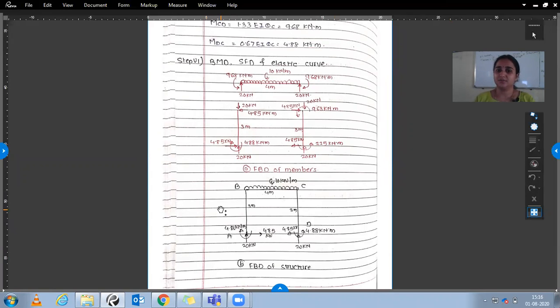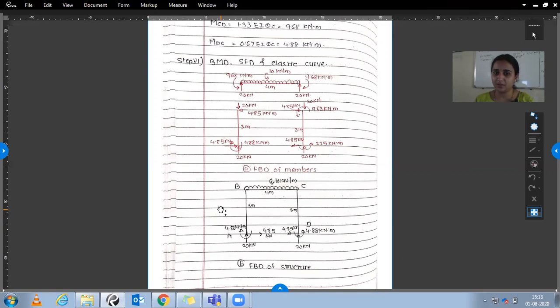Now we'll keep it in the simplest way. For drawing the shear force and bending moment diagrams, we will separate each part of the given frame.